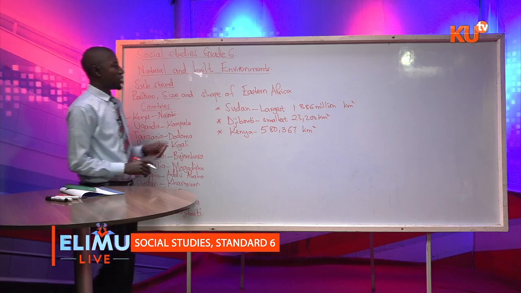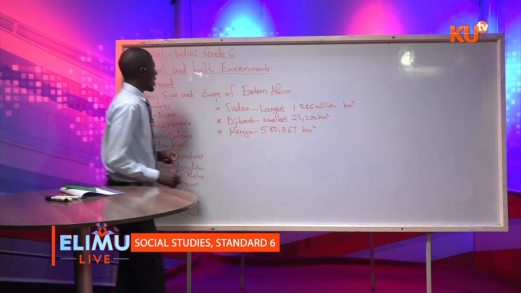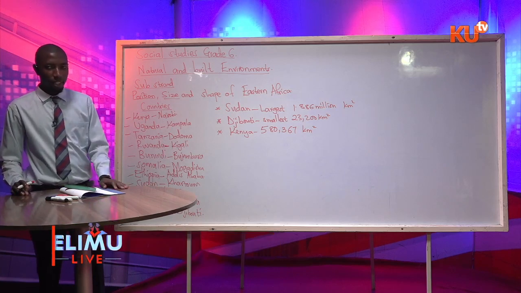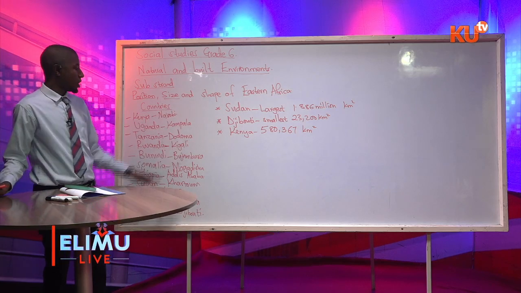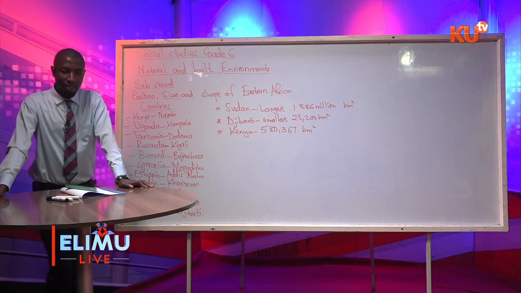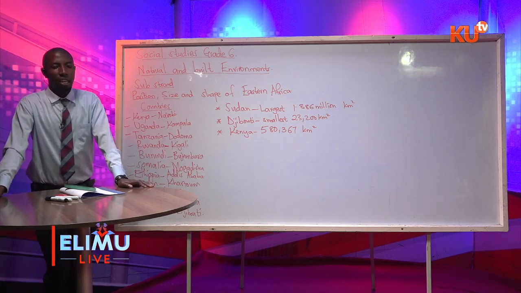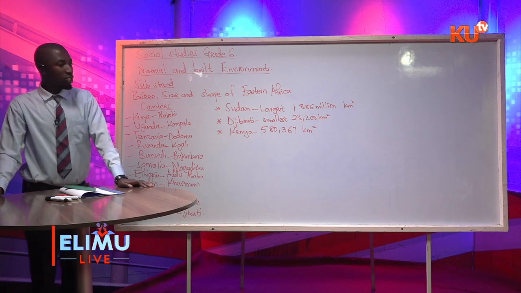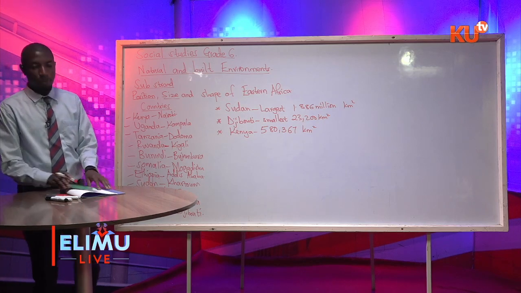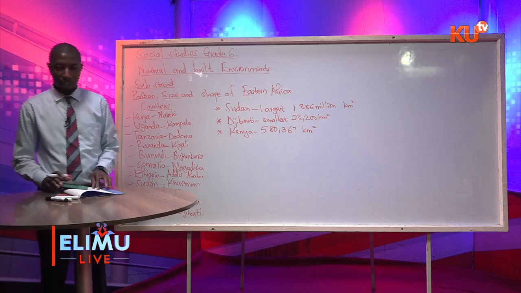And you need to differentiate between the EAC and the East African region. EAC doesn't have all these countries as members. It even has countries that are outside the region as members. And it's open, some from Central Africa.